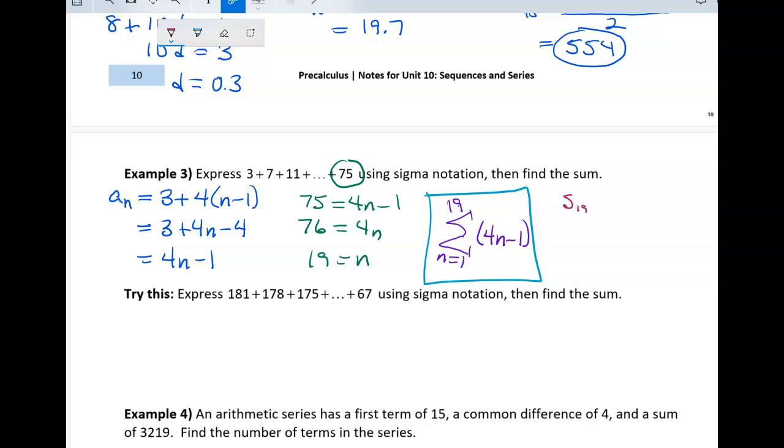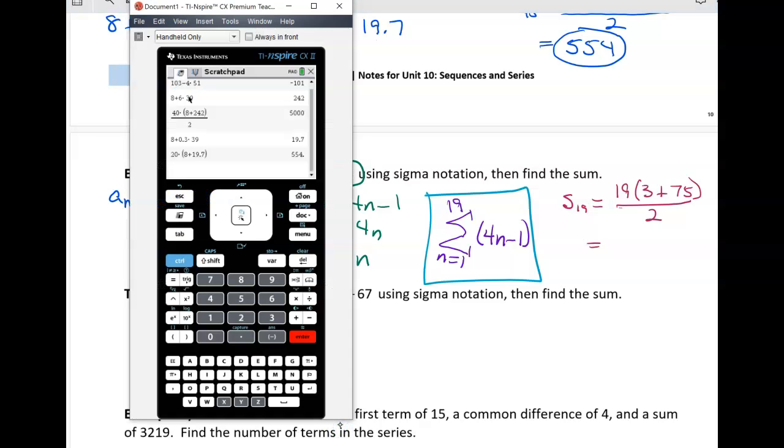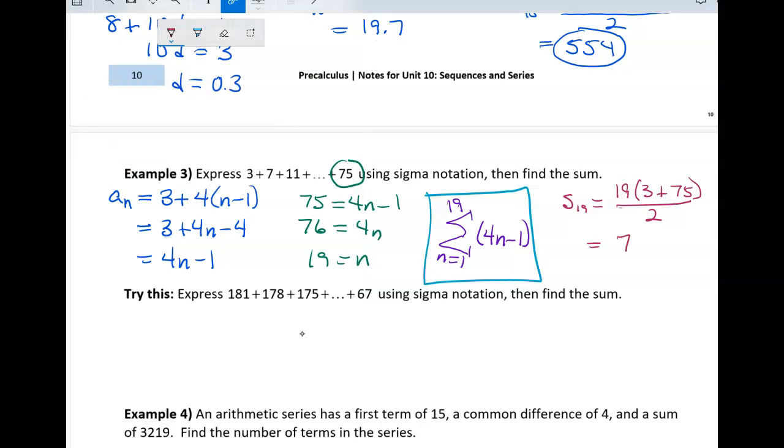The sum of 19 terms is equal to the number of terms times the first plus the last over 2. So I'm using control divide, 19 parentheses 3 plus 75 over 2 is 741.